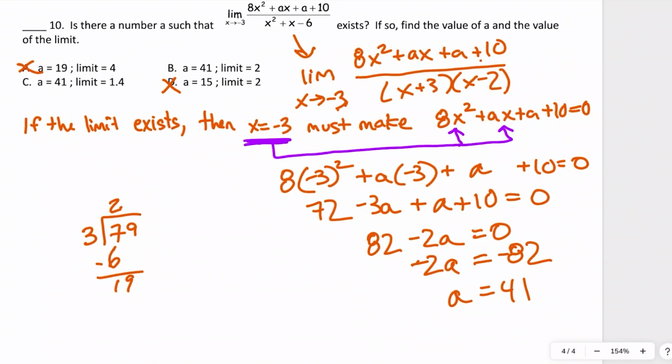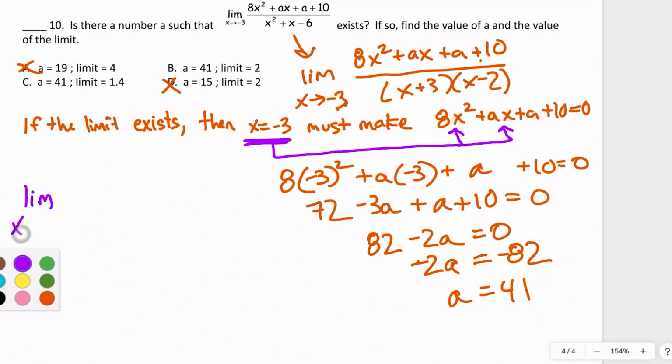So let's go back and rewrite the limit. I'll use a different color so it doesn't get too cluttered here, with that 41 plugged in for a. So 8x squared plus 41x plus 41 and 10 is going to be 51.